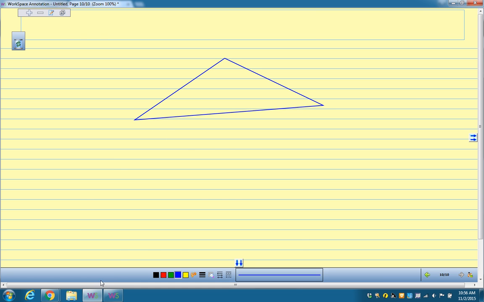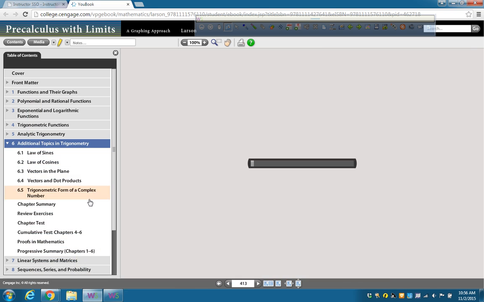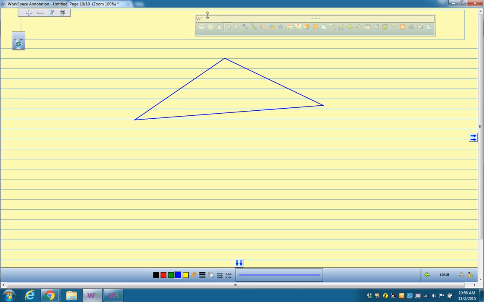Oblique means non-right triangle. For some reason it does this. I have to go back and do this. There we go. Okay. So for any oblique triangle, this is A, this is B, this is C, this is little a, this is little b, this is little c.